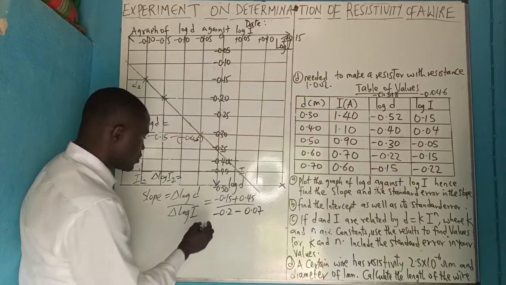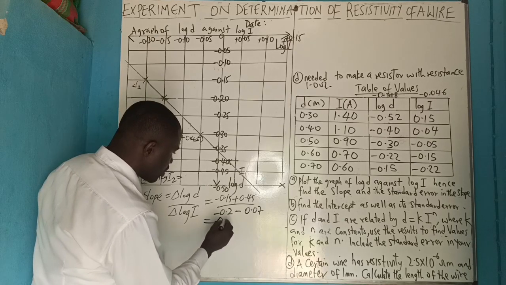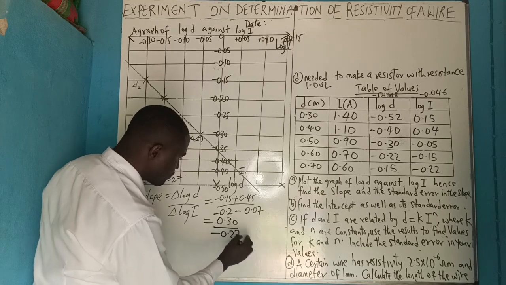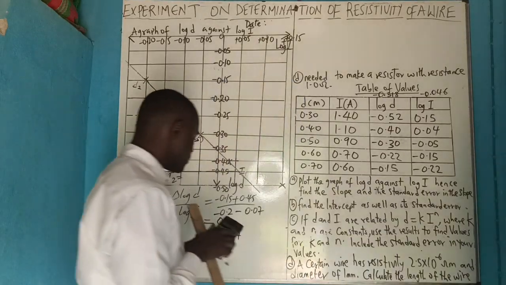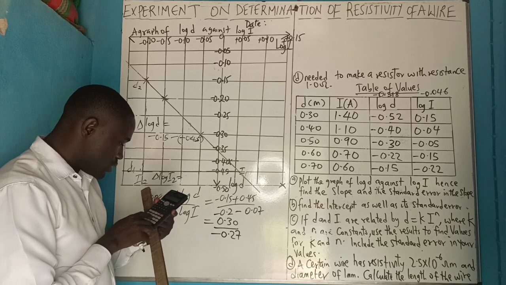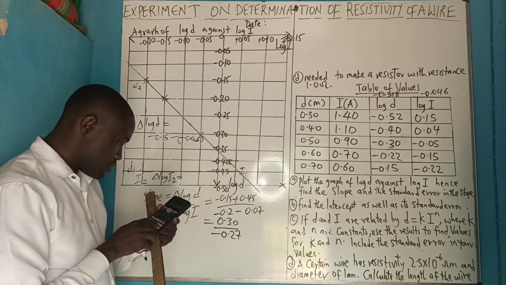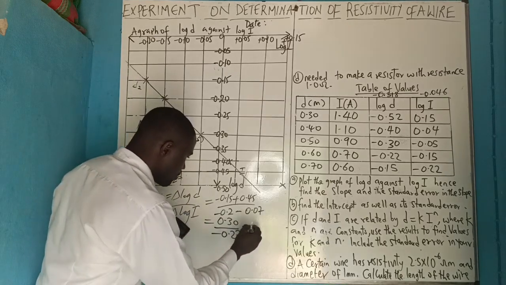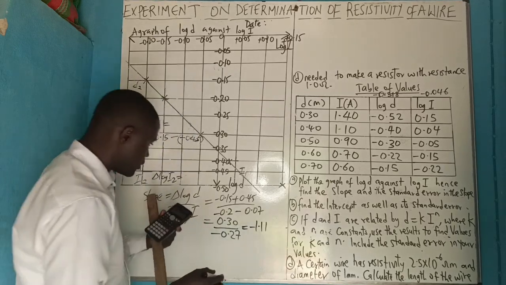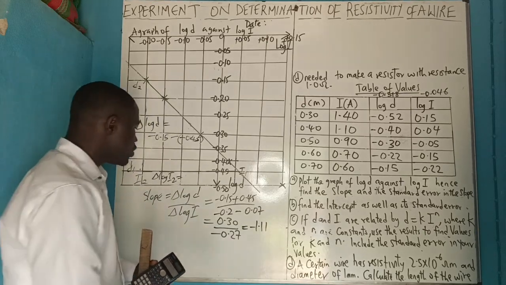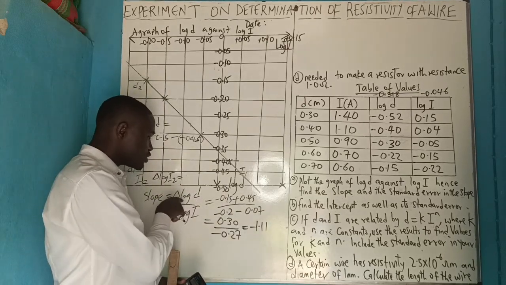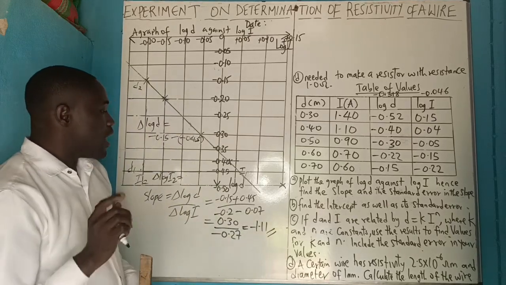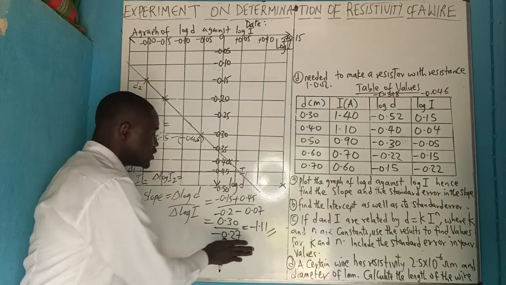So this will be giving you 0.30 all over minus 0.27. Use your calculator: 0.3 divided by minus 0.27 will be giving you minus 1.11. It will not have a unit because of the log that is already there. And so this is your slope.